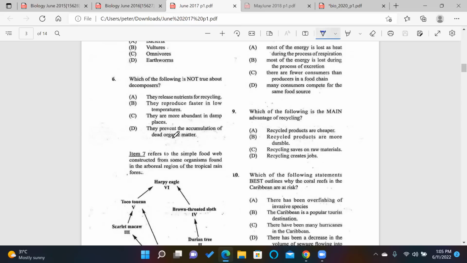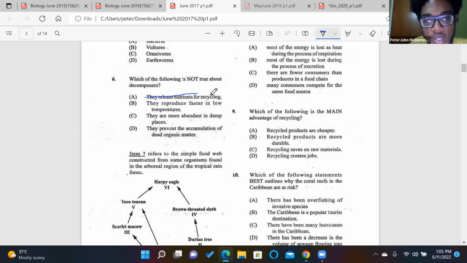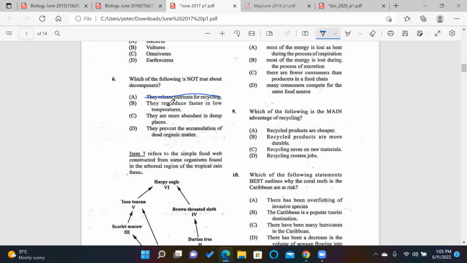True. Which is not true, so we know the answer is definitely not this. They reproduce faster in lower temperatures, true or false? We're trying to move quickly, guys. Do you know that for certain? Not really. All right, so we skip that one for now.